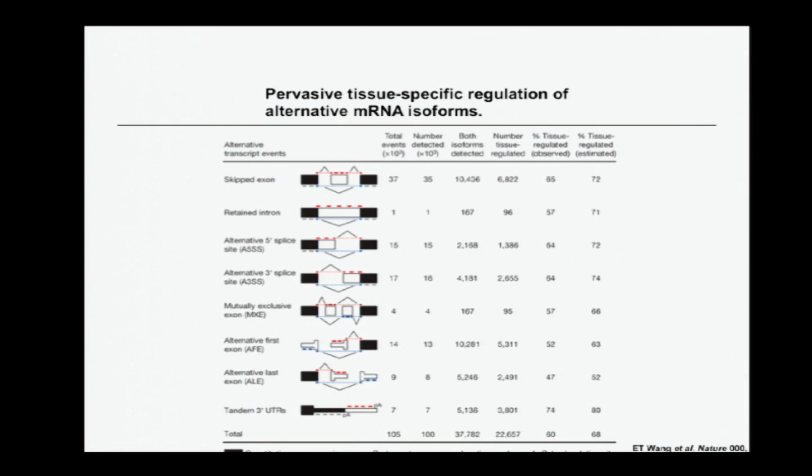This is a short summary produced by the Burge laboratory of different kinds of splicing events that can occur. And the splicing events are often regulated by cis-regulatory sequences that live in the introns. And these introns contain recognition sequences for splicing factors, where the splicing factors can be conditionally expressed.